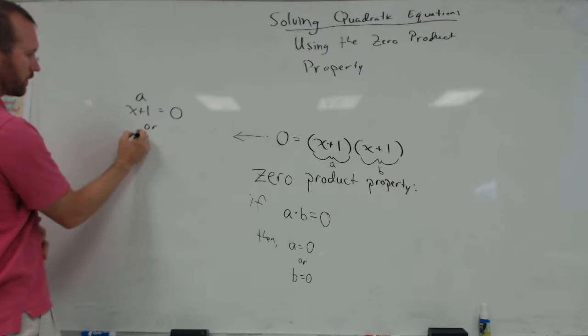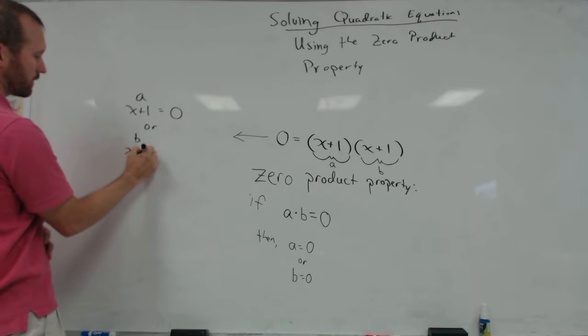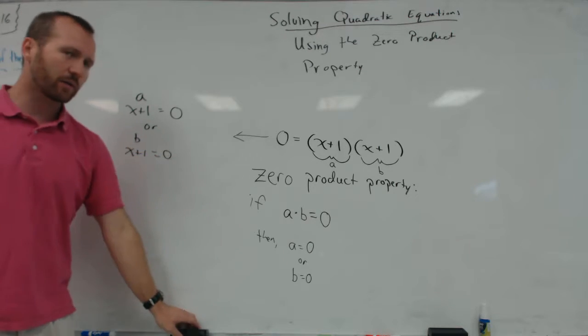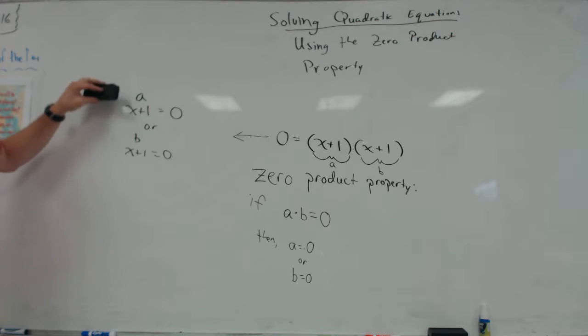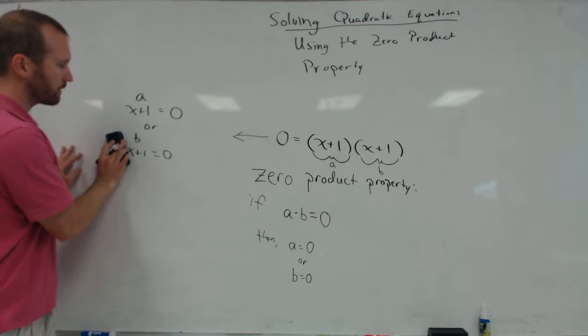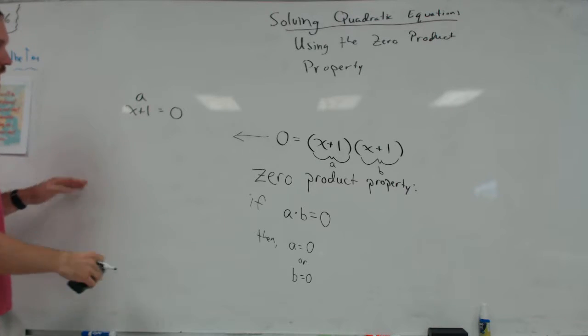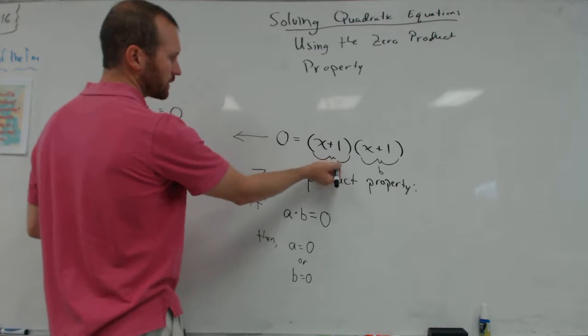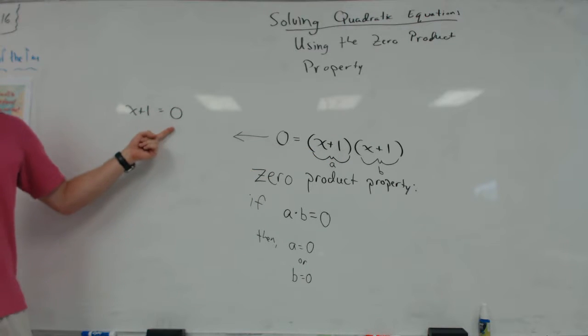Or B, which is also x plus 1 equals 0. Now in this case, you probably see right away, these are the same thing, so I'm going to get the same answer. So I can just solve one of them. Okay? I'm just saying this factor, x plus 1, equals 0.